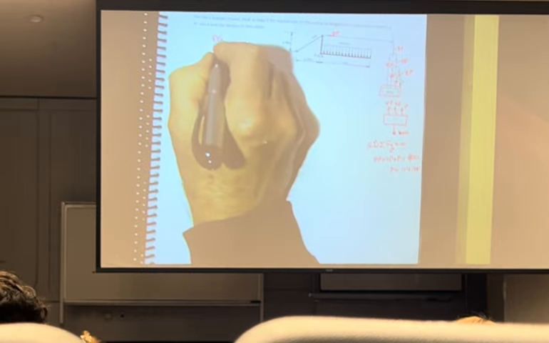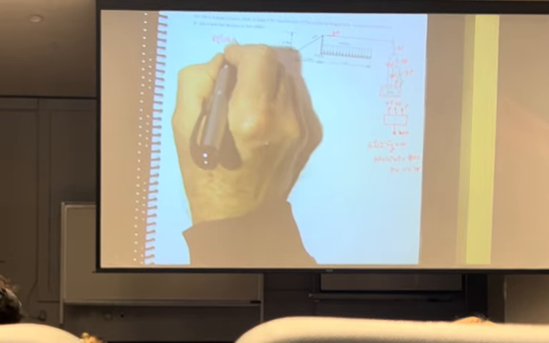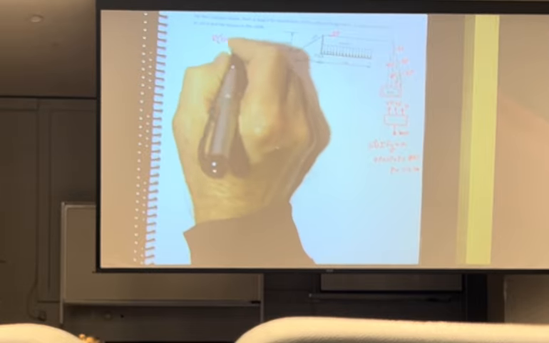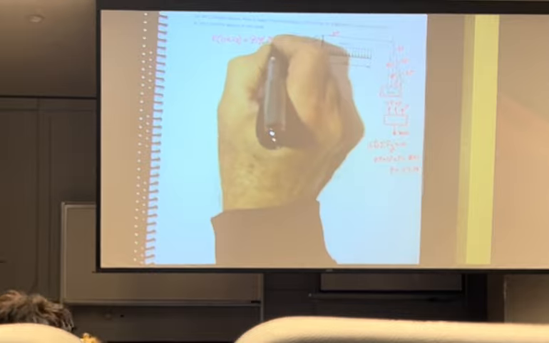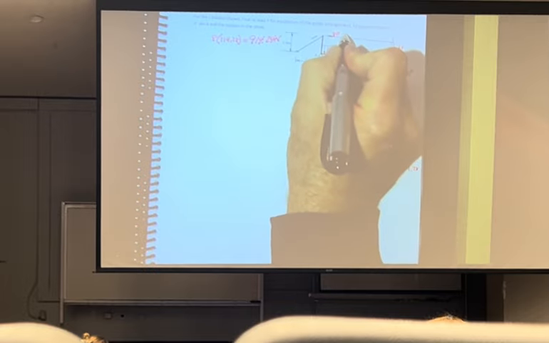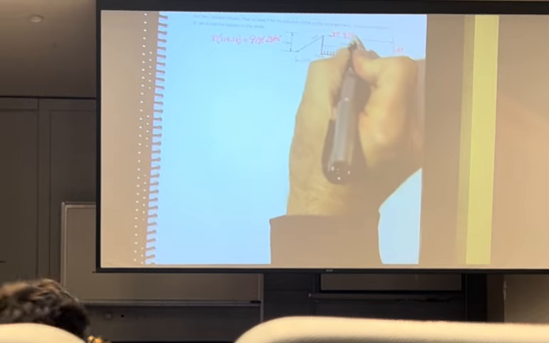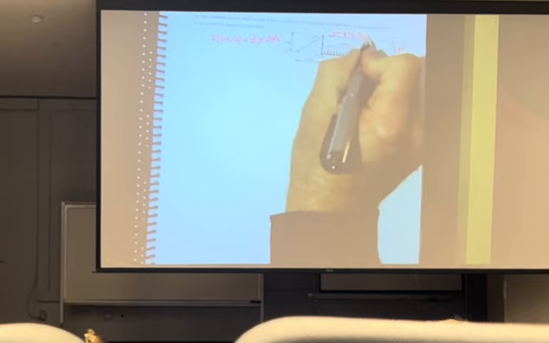So 8 times 114.28, that's going to give me 914.24 newtons. So right here is 914.24 newtons.